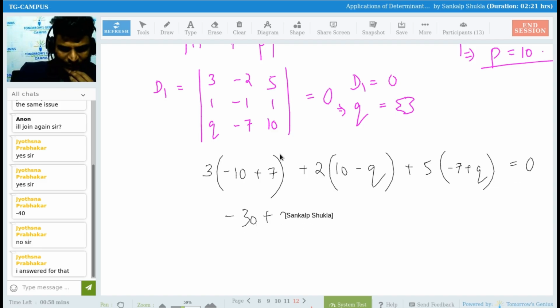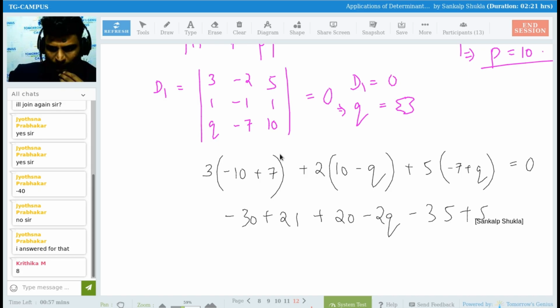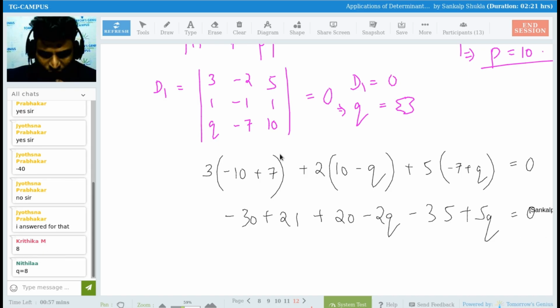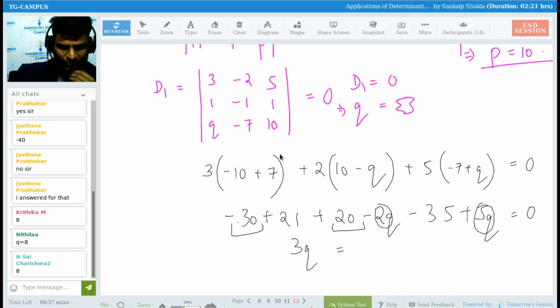So minus 30 plus 21 plus 20 minus 2q minus 35 plus 5q equals to 0. So 5q minus 2q is 3q, and minus 30 plus 20 is minus 15. Minus 15 and minus 35 is minus 50. Minus 50 and plus 21 is what? 50 minus 21 will be 29.